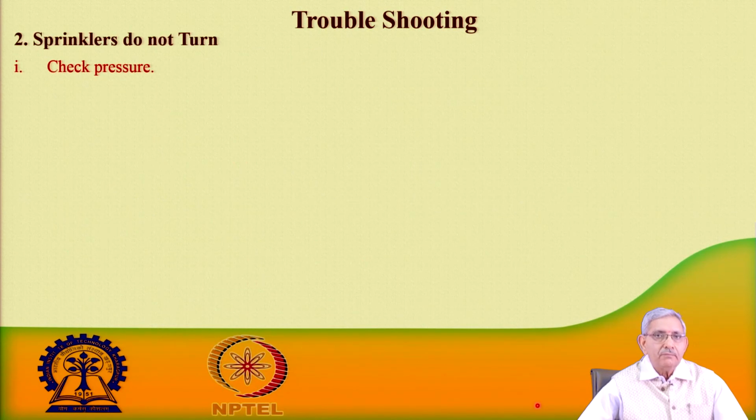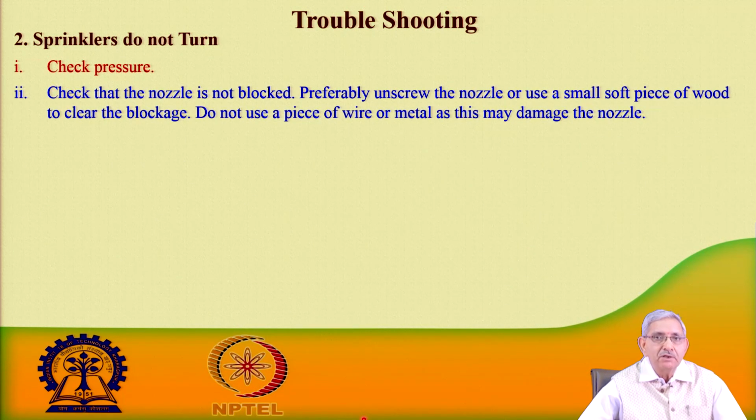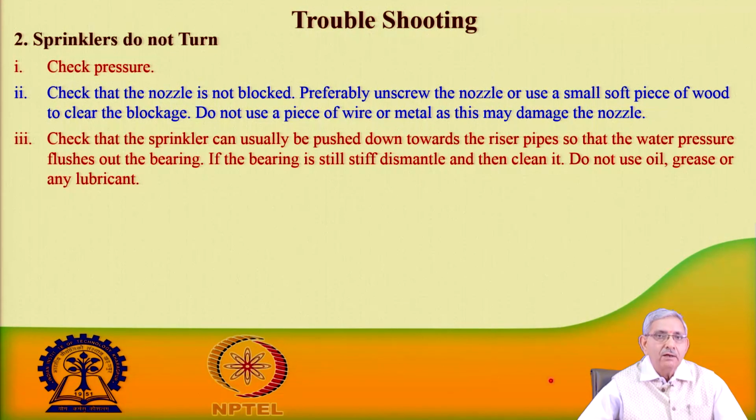The other point is that the sprinkler does not turn. What could be the reason? Check whether there is adequate pressure, and if there is, then check that the nozzle is not blocked. We need to unscrew the nozzle or check the sprinkler.